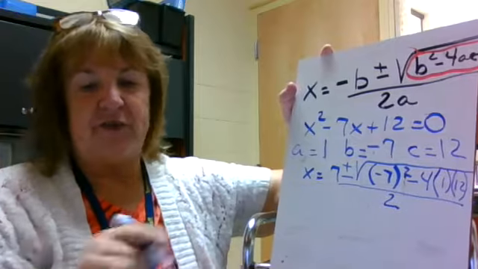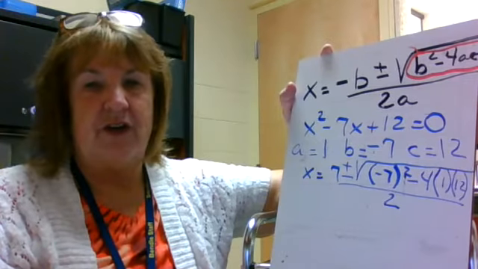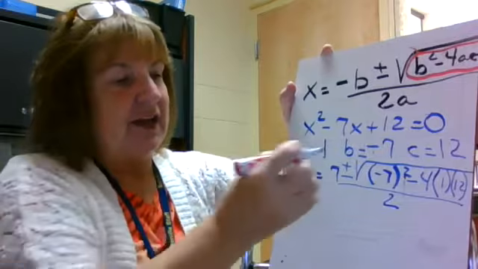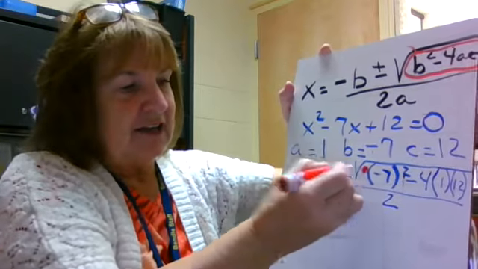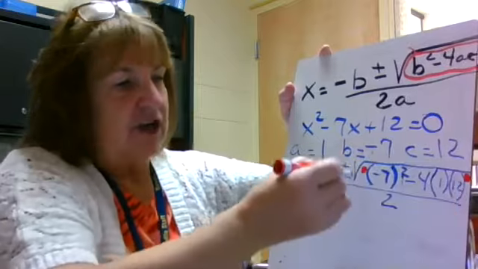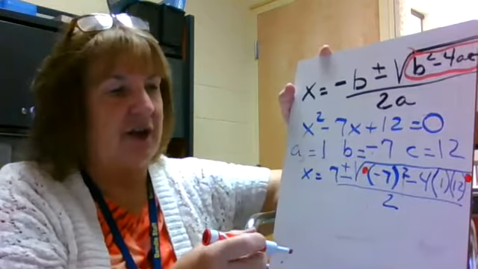Now, this is where you can make your work a little shorter. On your calculator, you're going to type in from this red dot to this red dot. Not the square root sign, just the numbers.